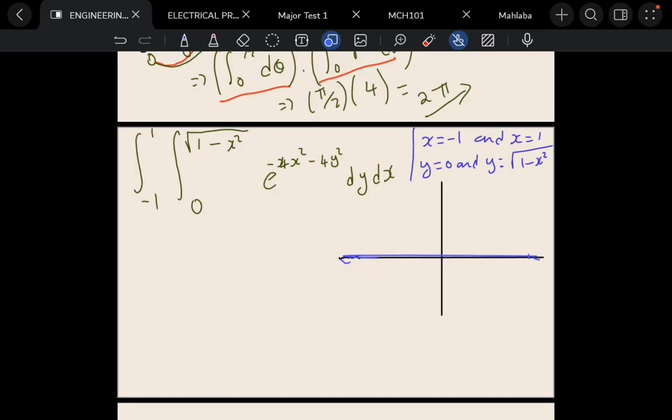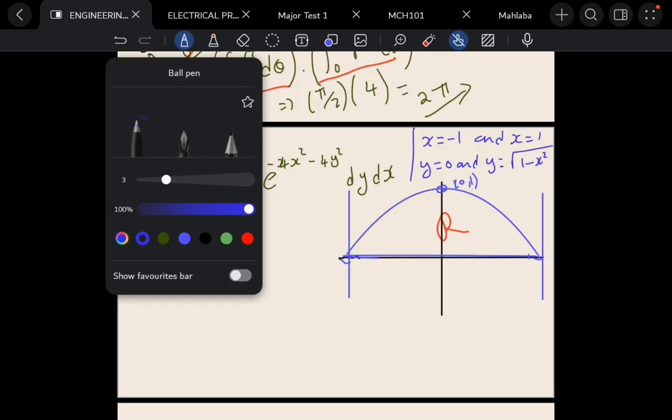And then y is equal to that, it's just this curve, having a turning point of 1 there. The next one is x is equal to minus 1, and x is equal to 1. So your region that we are talking about is the entire region here.